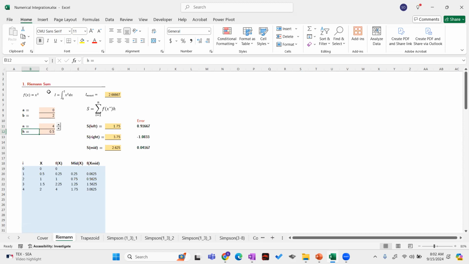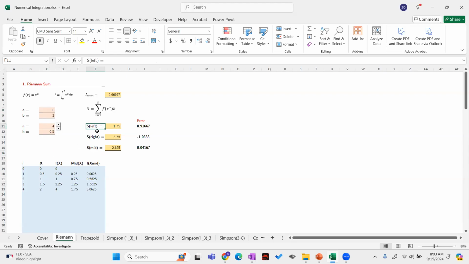H is equal to b minus a by n, so it's 2 minus 0 divided by 4, which is 0.5 each. So I have 4 steps to cover from 0 to 2, and each step size or width of subinterval is 0.5. Here is my index, i goes from 0 to 4. Corresponding to that, I have x0, x1, x2, x3, x4. x4 is nothing but b, x0 is nothing but a.